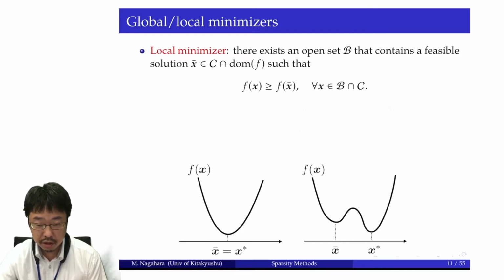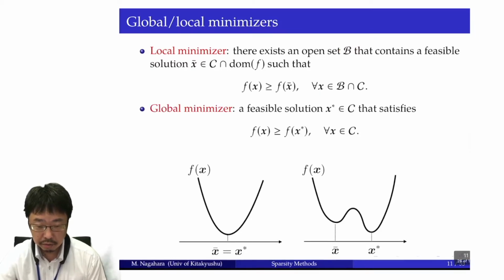There exists an open set B that contains a feasible solution x bar in C and domain f such that f of x is greater than or equal to f of x bar for any x in B and C. On the other hand, a global minimizer is a feasible solution x asterisk in C that satisfies this inequality for any x in C.